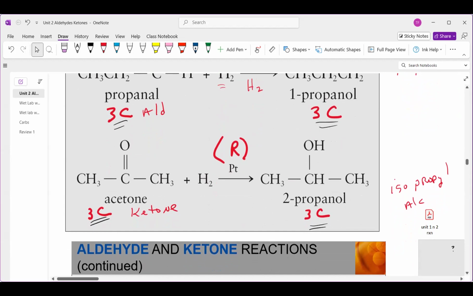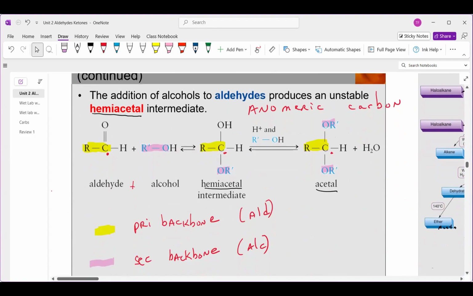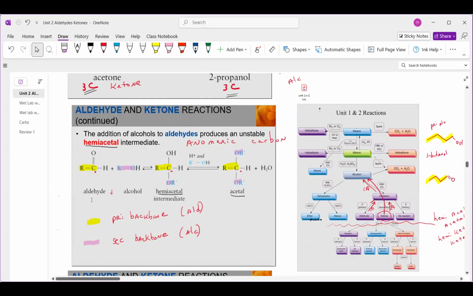Now there are 2 layers of reactions in this chapter on aldehydes and ketones. This is the first layer, and I think it's pretty straightforward. The second layer is not. The second layer is the chemistry of carbohydrates. These guys here. Okay, so let's just for a minute here.